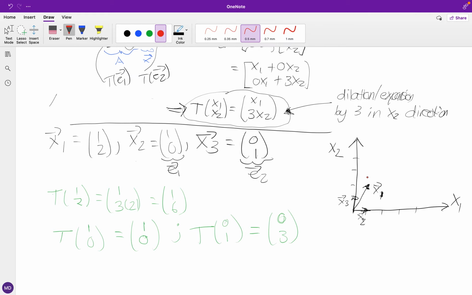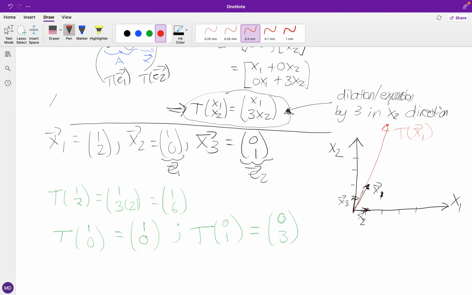So it would be 1, and then we'd go up to roughly here. It's a little bit off the grid here, but this would be our transformed x1 vector.